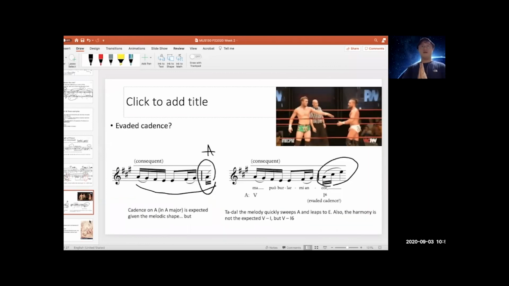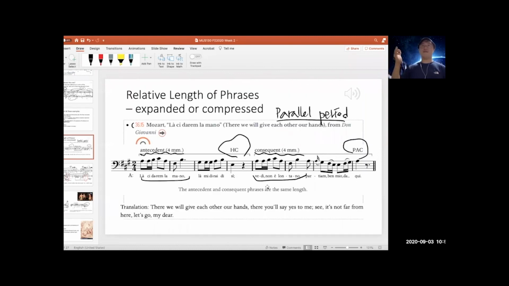Oh, by the way, now I can reveal why I picked this jocular example to explain the evaded cadence. The song is about handshake, giving your hand, trust me, that kind of lyrics, right?